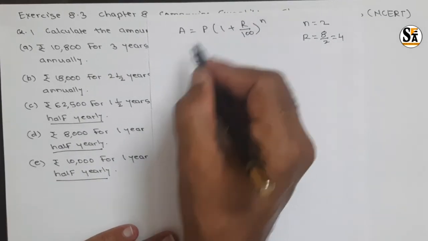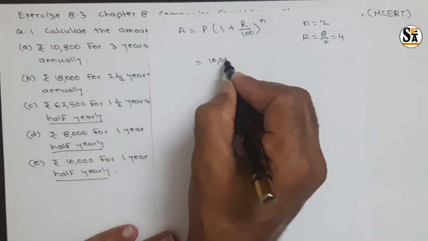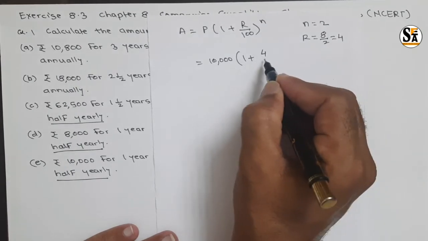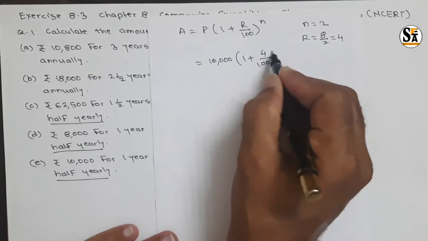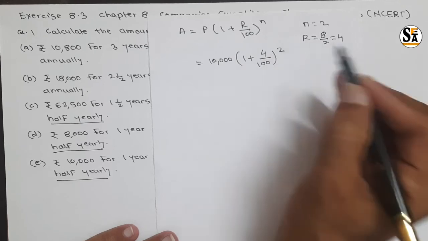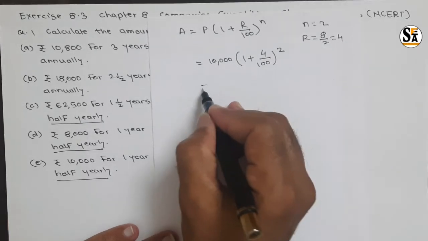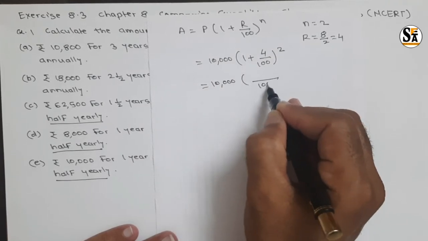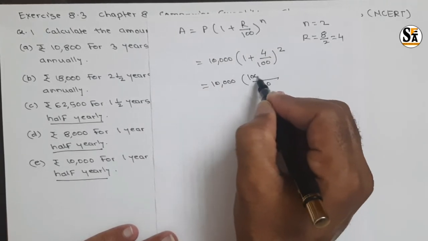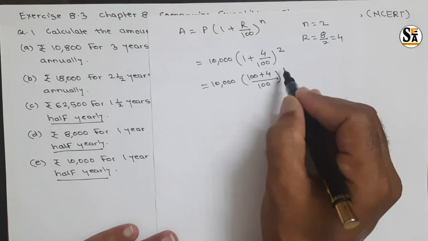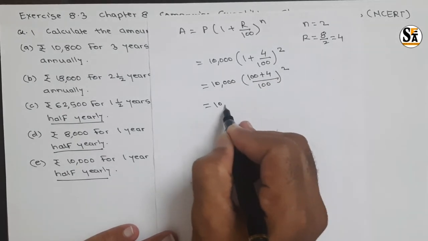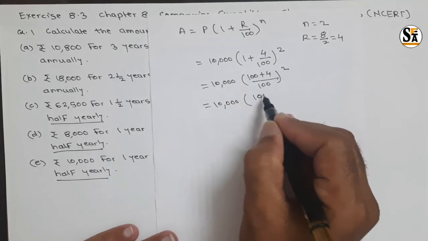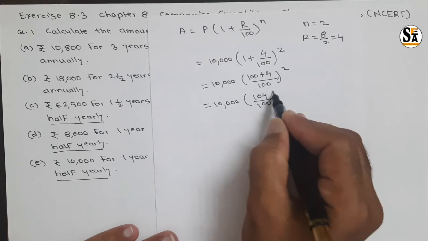So put the value of P, 10,000, into bracket 1 plus R is 4 divided by 100, n is equal to 2. Just simplify this. 10,000 into bracket, take 100 common, 100 plus 4 raised to 2, equal to 10,000 into 104 divided by 100, and it is 2 times.